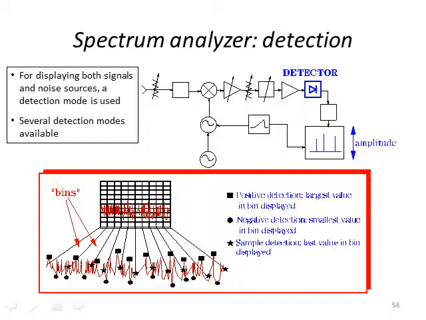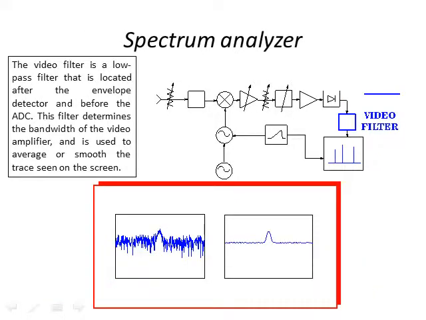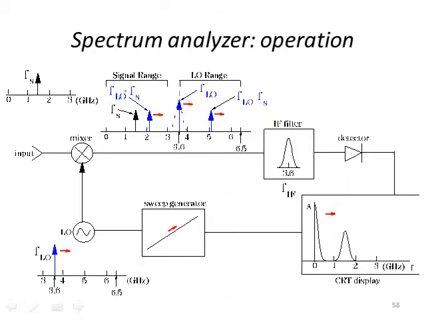And then the detector combined with the analog to digital converter will pull out the signal and do processing on these things and put it into bins to be able to look at the frequency components. Now the video filter is basically a low-pass filter right before the analog to digital conversion. It does a smoothing function. And then at the end, it does the analog to digital conversion.